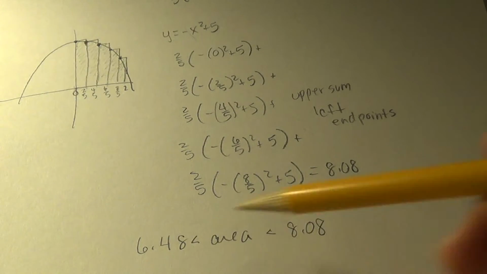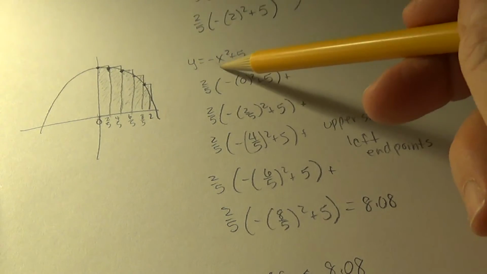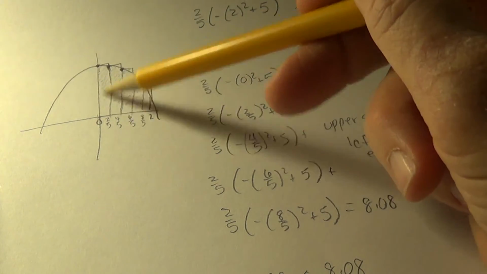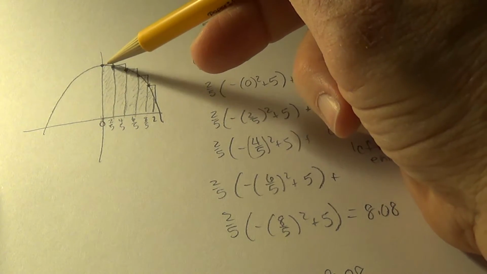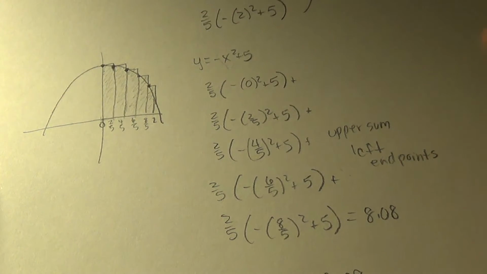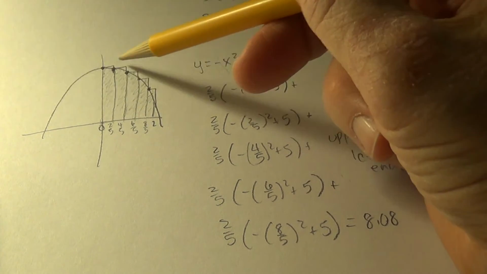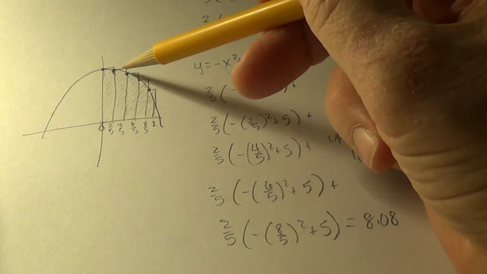So how could we improve on these numbers for this equation? Well, we could put in, instead of 5 boxes, 10 boxes. And if you drew 10 boxes instead of the 5, you see that there was much less area that was above the graph.